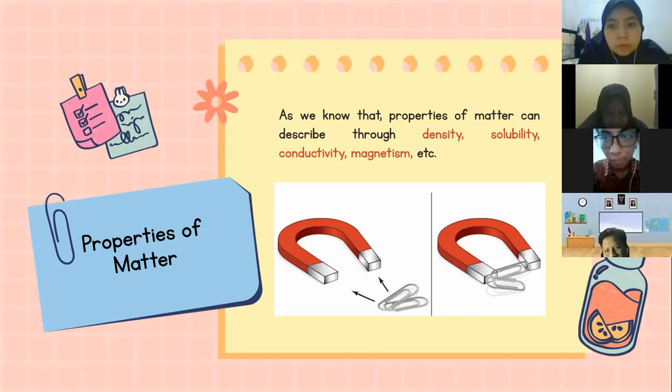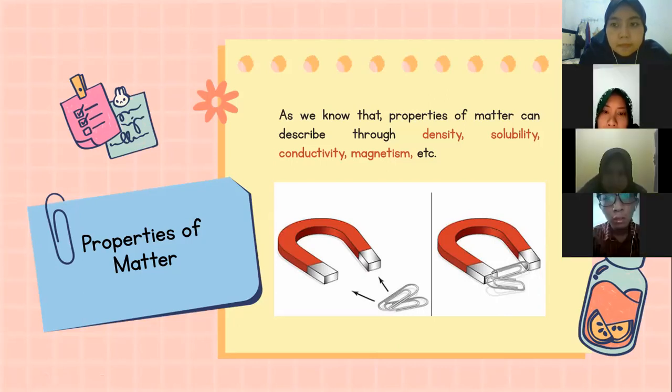One day, I decided to dissolve it in water, but it was not dissolved. Next, I hold the clips near a magnet, and I find out that it was stuck together like this. Can you determine what some properties of these paper clips are? Paper clips are solid, magnetic, not soluble, and denser than water. Okay, good job, Nadia, for the answer.